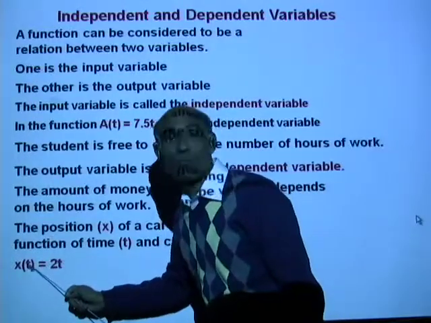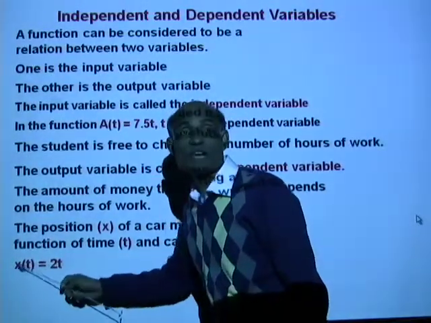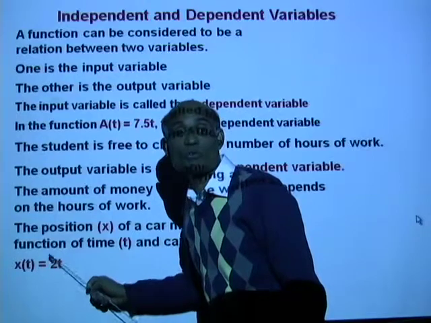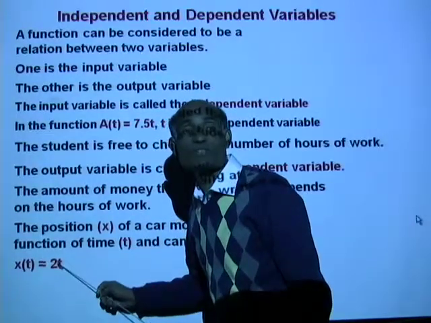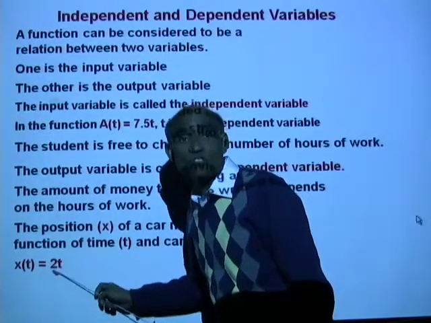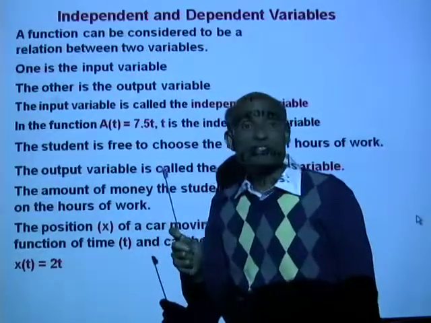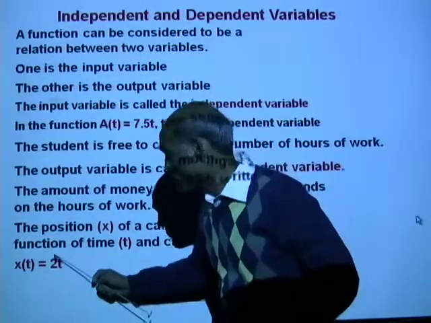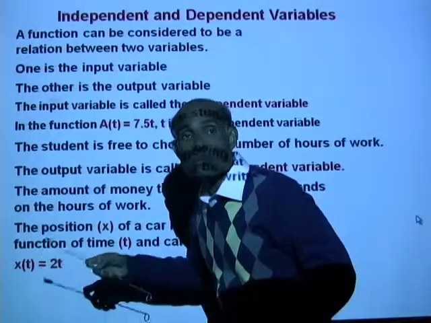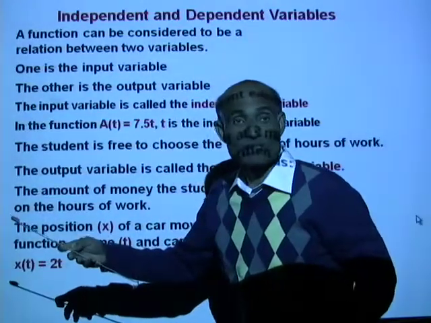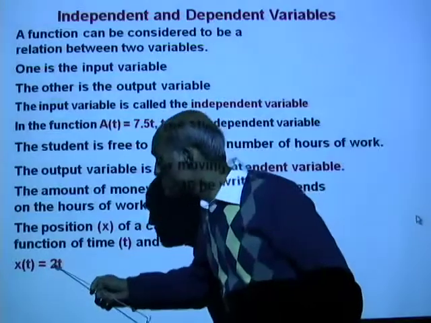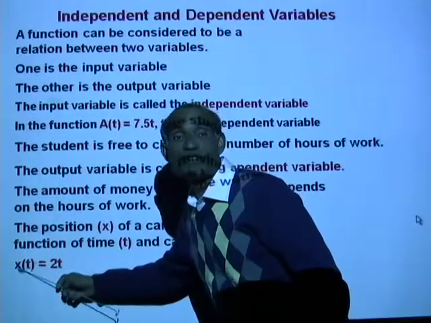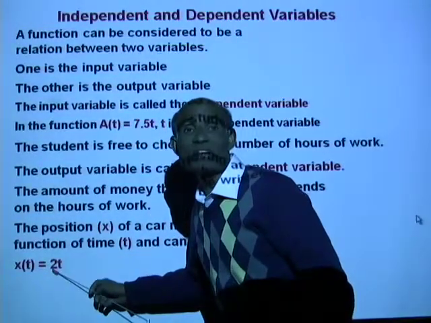You have x(1) equals 2 meters, x(2) equals 4 meters, x(3) equals 6 meters. Each time t changes by 1 second, x will change by 2 meters, and therefore this 2 is the rate of change. Is that right? Each time the input changes by 1 unit, the output will change by 2 units.